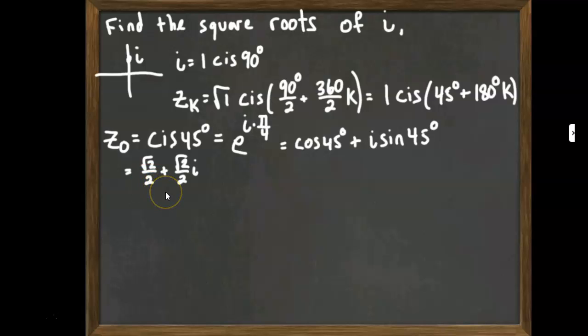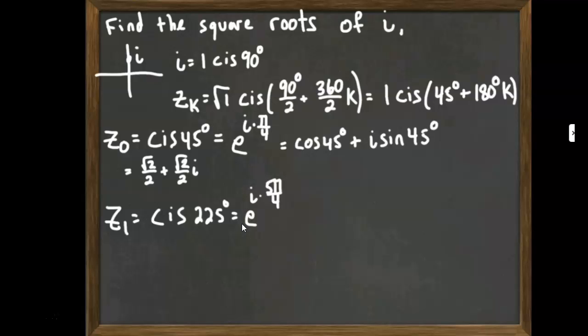So then we go down and we talk about z_1. That's going to be cis of 45 plus 180 times 1. So cis 225. Again, if you're doing an exponential, you'd have to write the 225 in radians. That would be e to the i times 5 pi over 4, or e to the 5 pi over 4 i. You can write it either way.